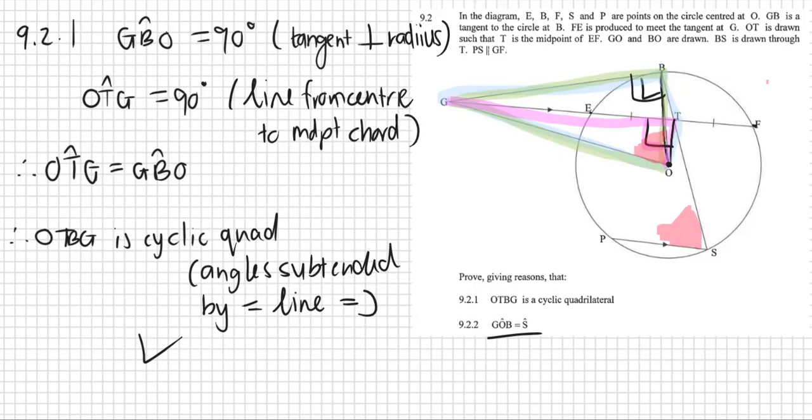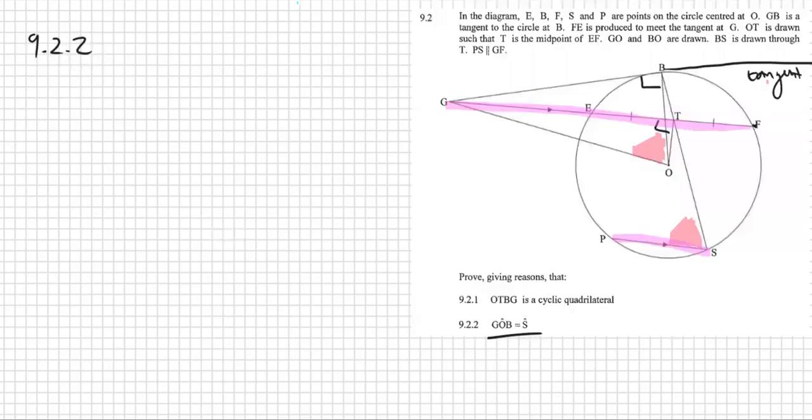Well, let's just get this a little bit cleaned up. 9.2.2. GOB equal to S. All right, I tried to fill in all the information I know so far. Just highlighted the parallel lines as well.